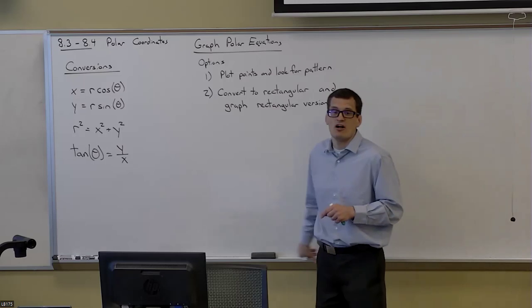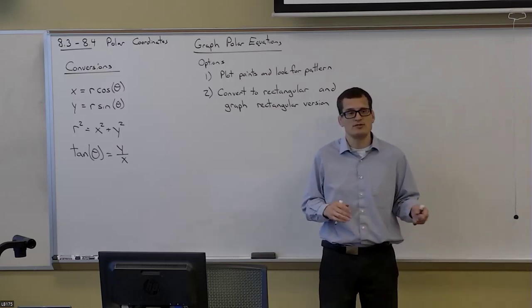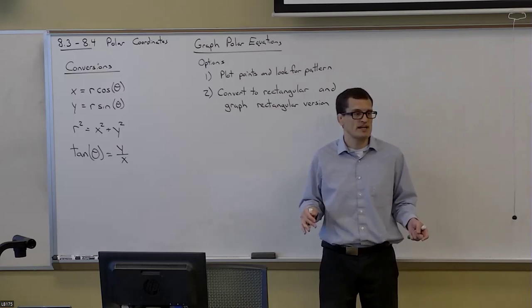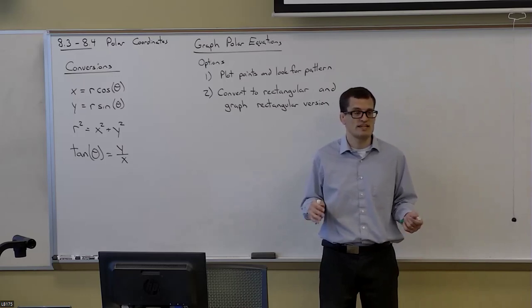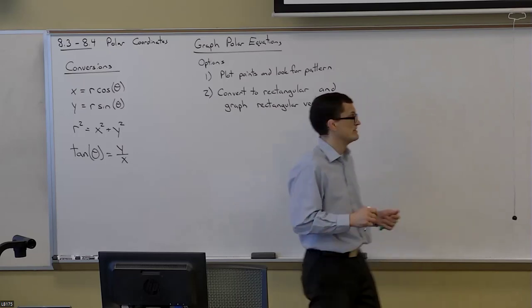However, as we saw in the last example, we had sine 2 theta equals 15. We got this really crazy expression in rectangular. So rectangular is not always easy to graph.